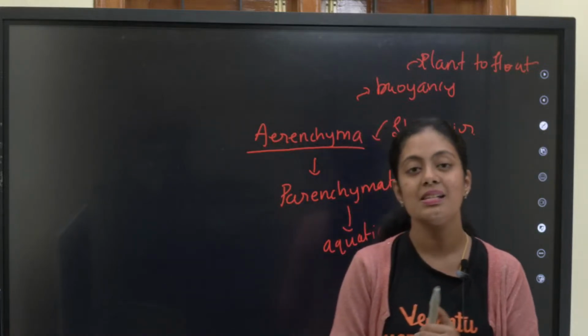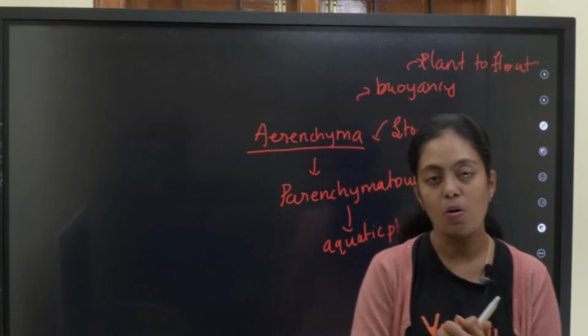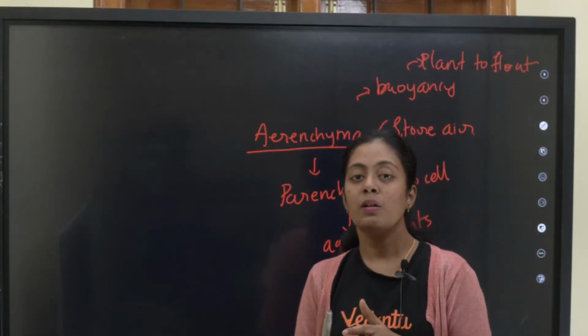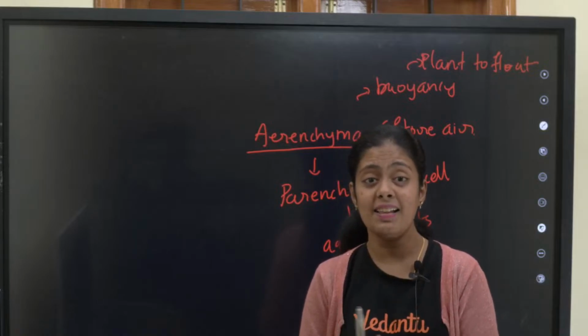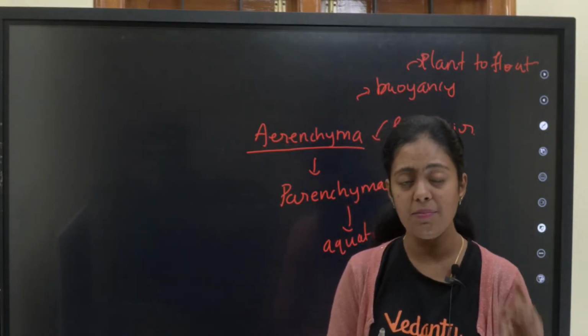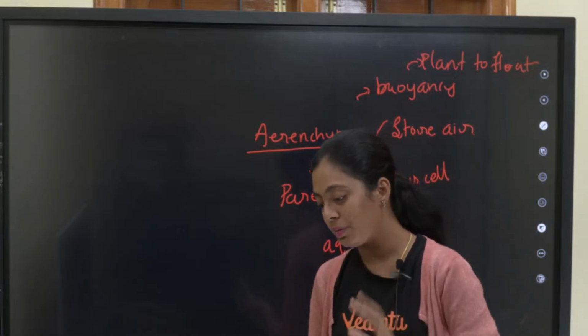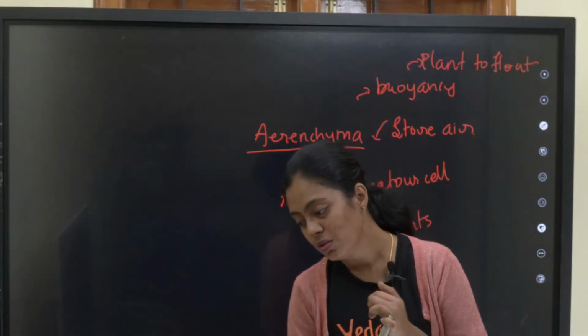Next question. Let me talk about xylem. In xylem there are 4 kinds of cells, right? Which is the cell that helps in storage of food? Very good, Bharani Rajan Arumugam.